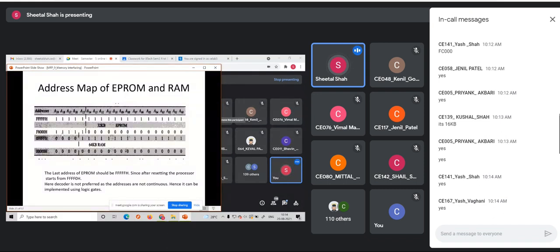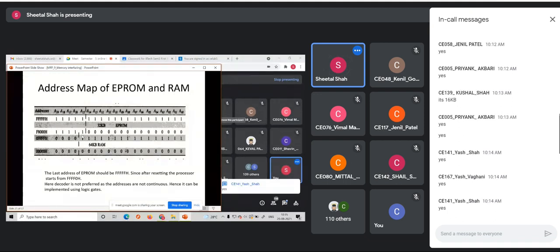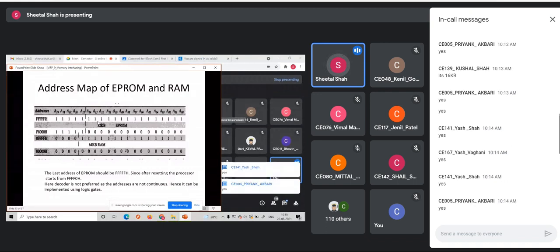So 1111, see, this would become 0. Are you getting this? Okay, and the rest of all would be ones. That would be my last address of the second set of the EEPROM.